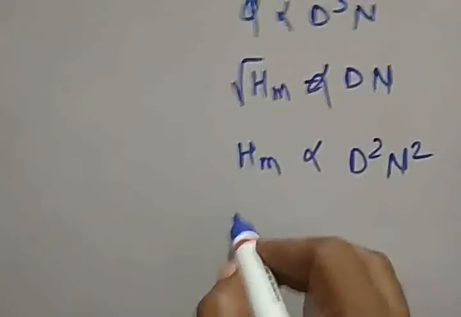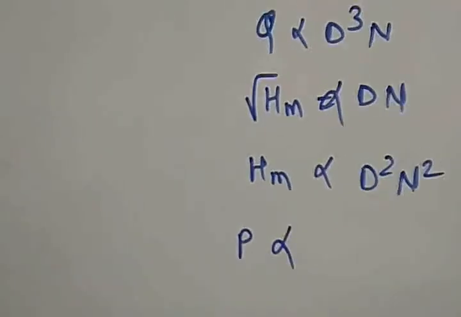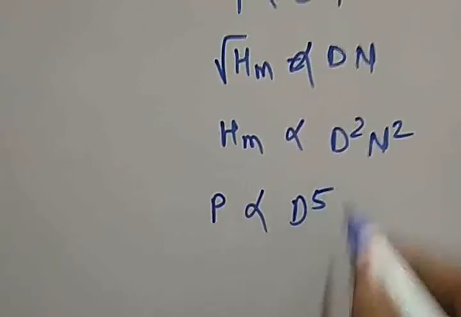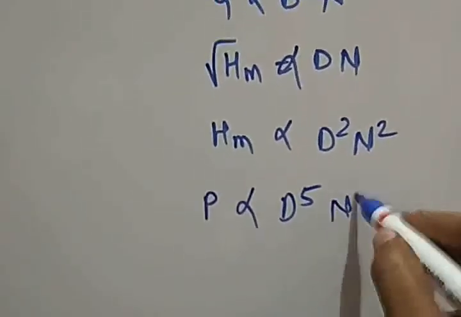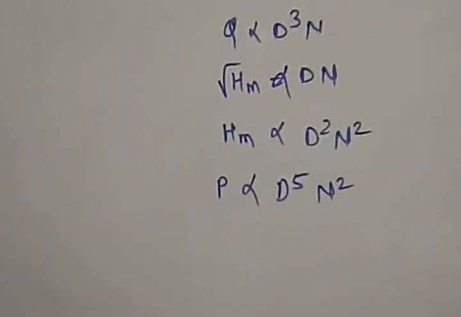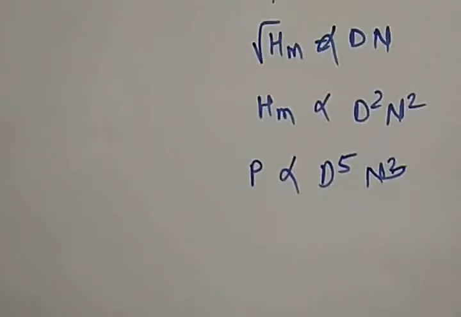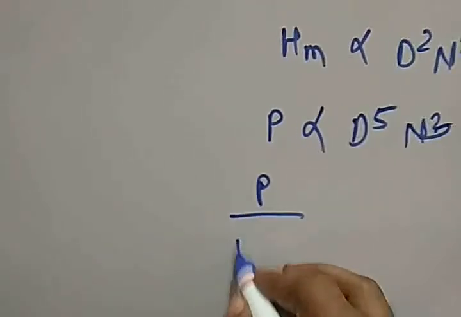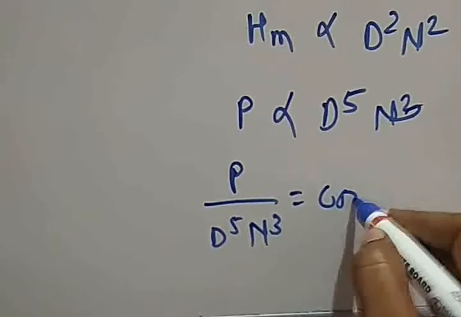Hence finally I can get p is proportional to d raised to 5 n cube, that is d cube into d square into n cube. Now p by d raised to 5 n cube is equal to constant.